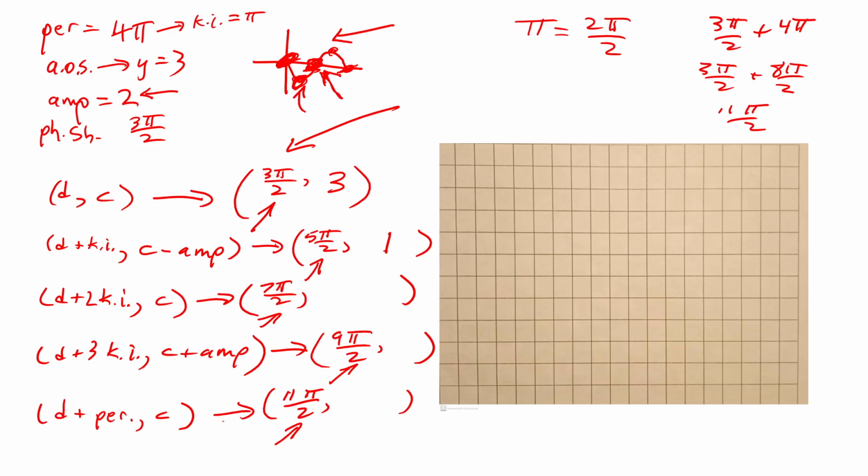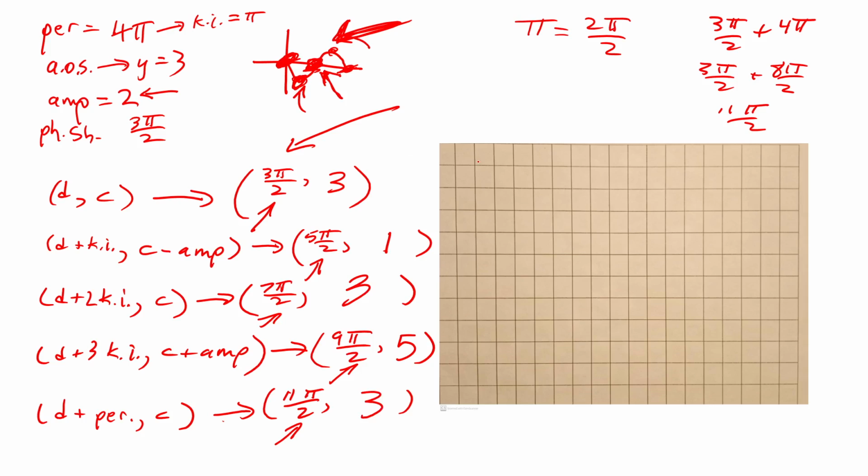So it's got a y coordinate of c, which is 3. The fourth key point is that maximum point right here, and it's got a y coordinate equal to c plus an amplitude. 3 plus 2 is 5. And finally, that last key point is back on the axis of symmetry. It's got a y coordinate equal to 3.